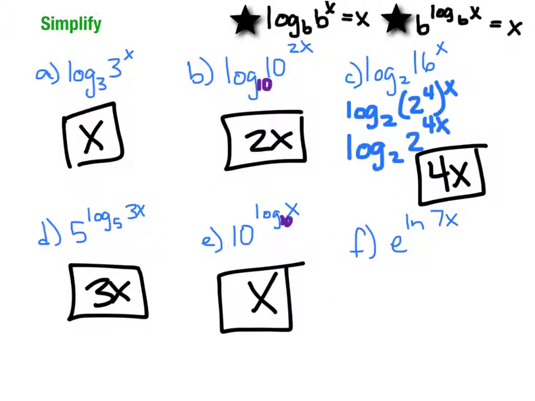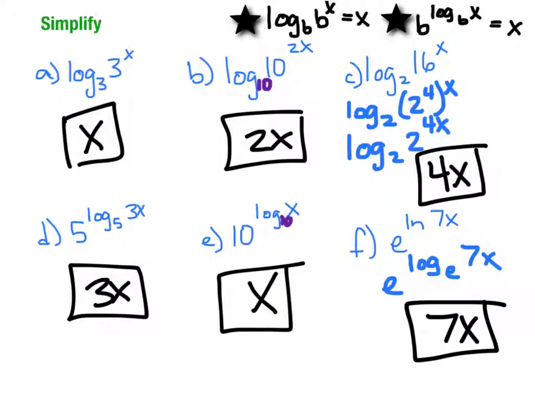So a natural log, I could rewrite this as e to the log base e of 7x. Remember that log base e we represent with ln, natural log. So these both have the natural base. This simplifies to 7x.